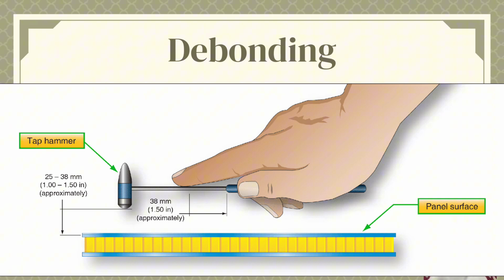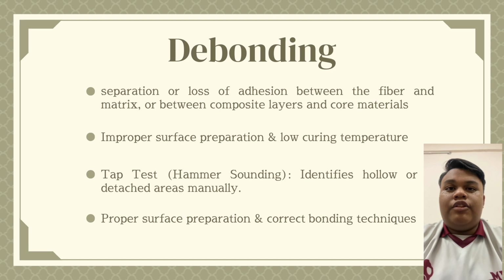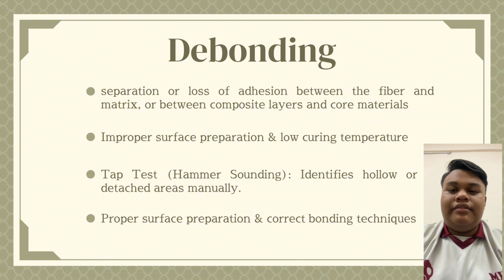We can use a small coin or hammer sounding to identify hollow areas or detect errors manually. To reduce this defect, we can do proper surface preparation and use correct bonding technique.